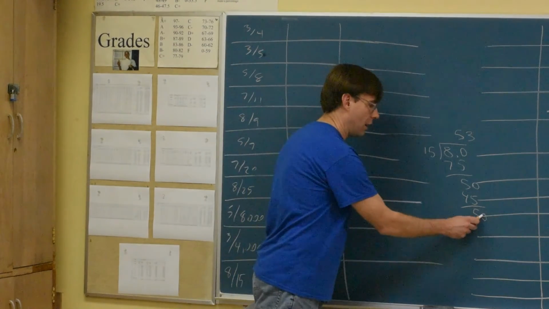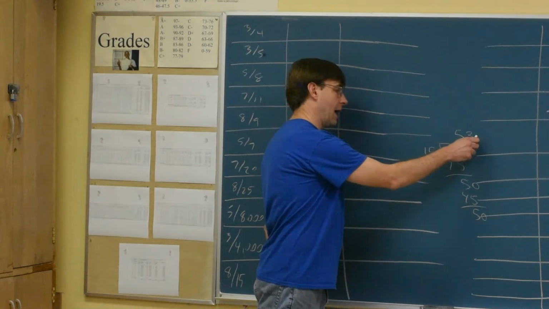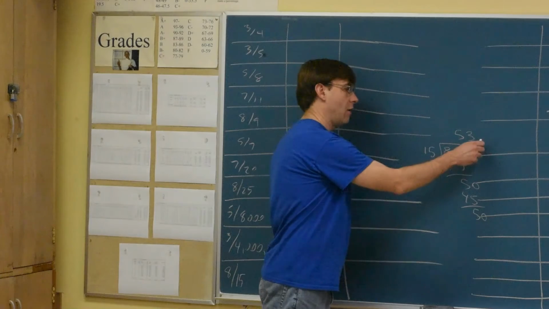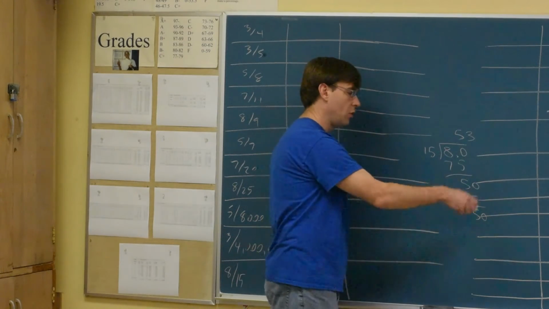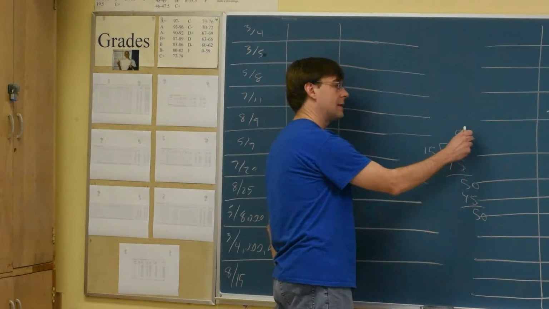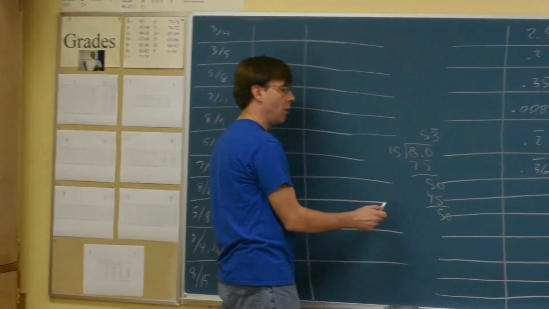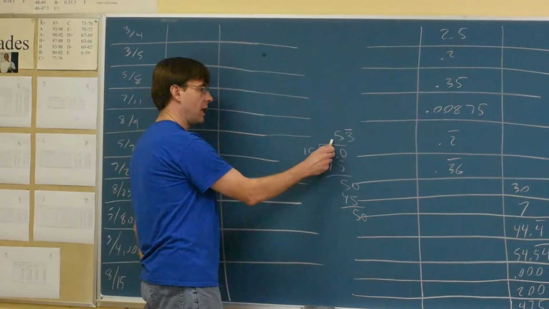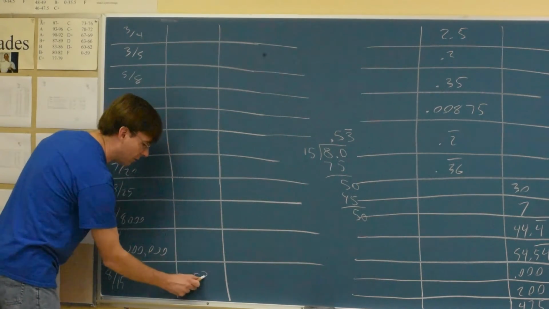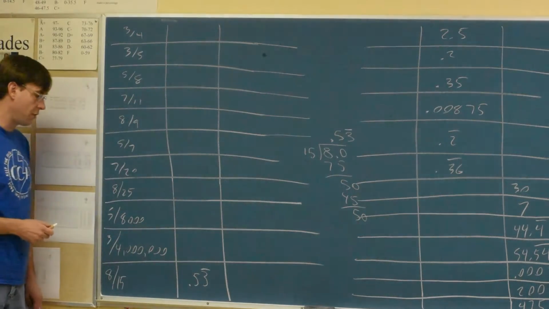You might add a 0, you might go 3 again, you might get another 45, get another 5, another 0, another 3. It's going to just keep looping through this same thing over and over again where you get more and more 3s. Since the 3 repeats, we'll throw a bar on it. The decimal would go straight up. So this answer would be 0.53 with a bar just on the 3.